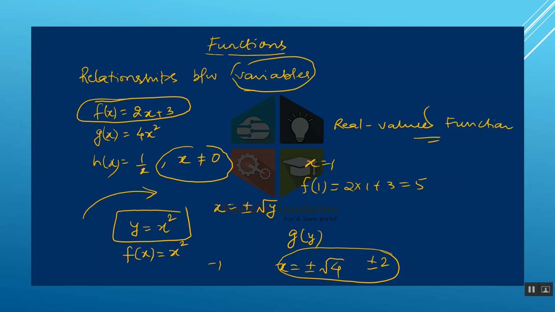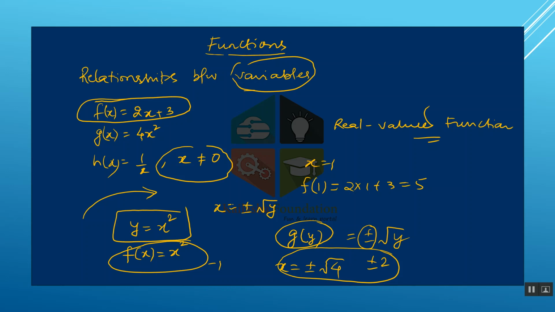So y is a function of x. y is a dependent variable, x is an independent variable, and f(x) is equal to x square. This is a function of x, but this is not a function of y. g(y) is equal to plus minus root y is not a function of y, because it is plus minus, so we are getting two outputs every time. We must not get more than one output, and also we must not get less than one output.